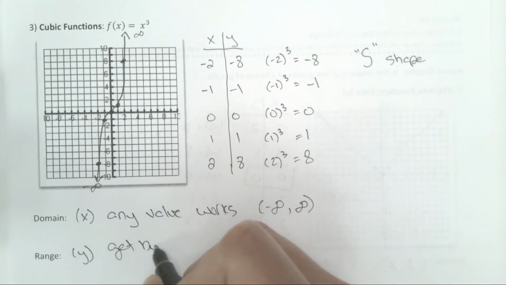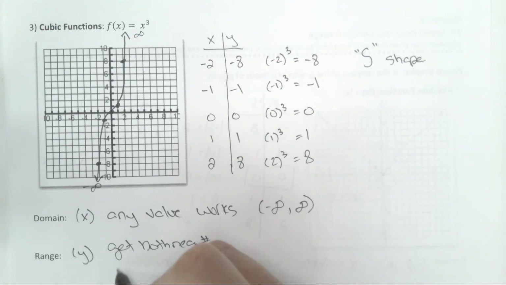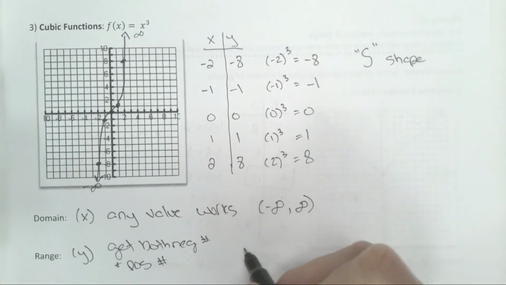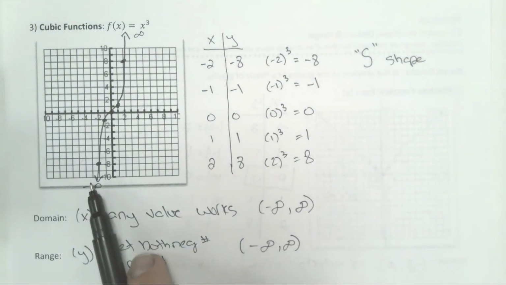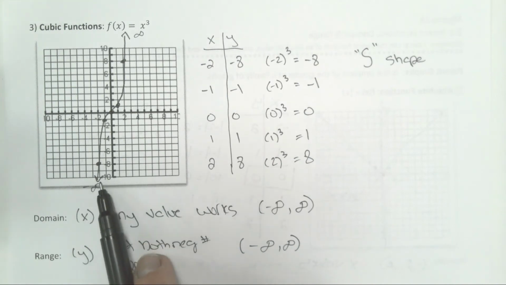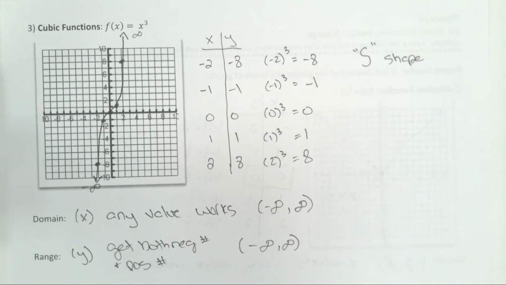So since I get both negative numbers and positive numbers out, this range is also -infinity to +infinity. And then you can tell that arrow is going down to negative, that arrow is going up to positive.